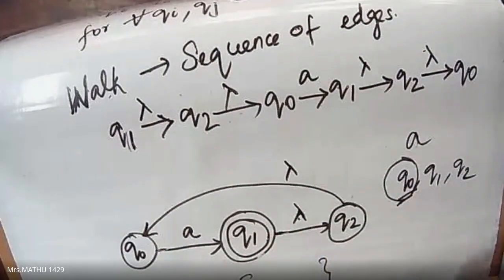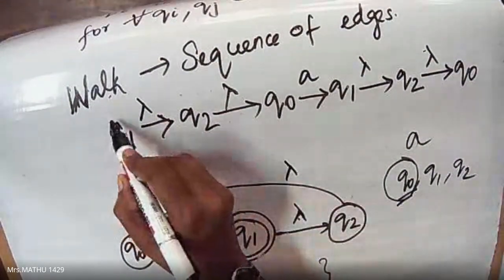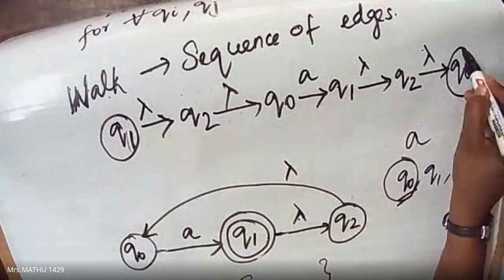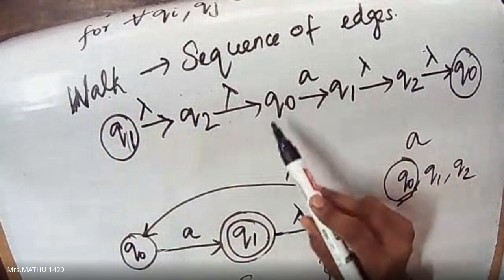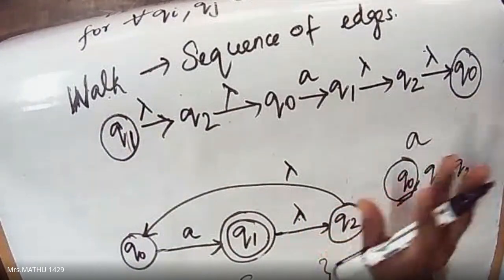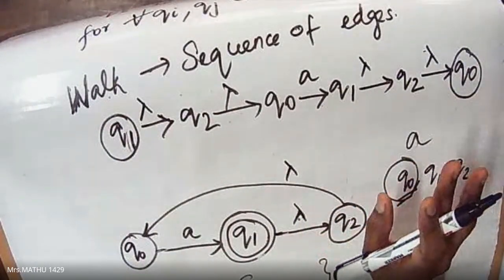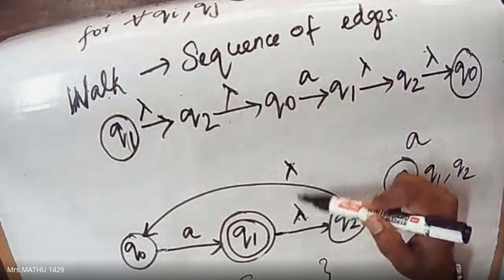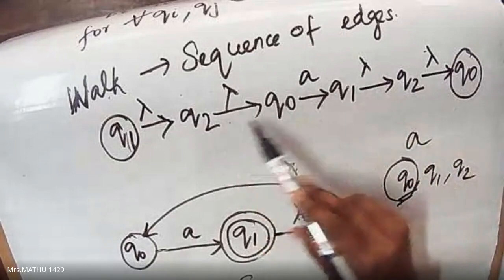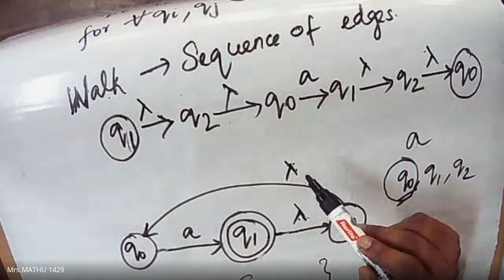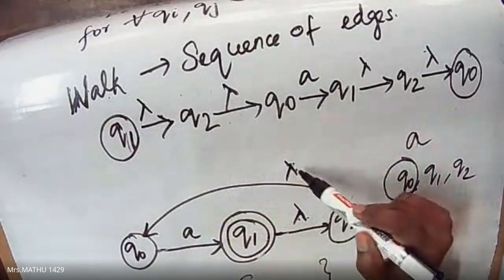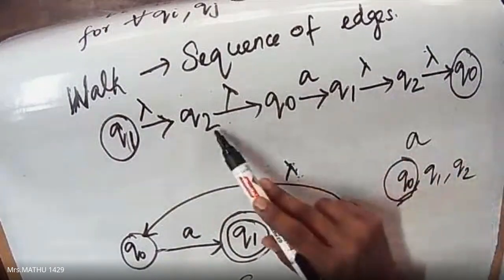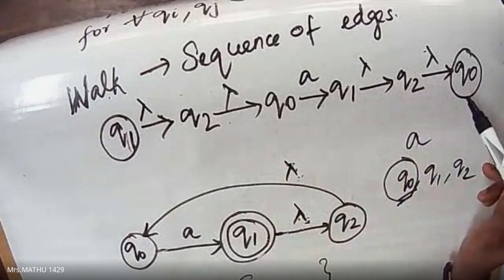So you can see that from Q1 I have reached Q0, though there is repetition. It doesn't matter. You can use these lambda transitions any number of times in between your walk.